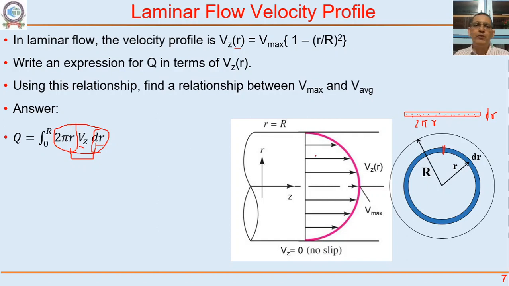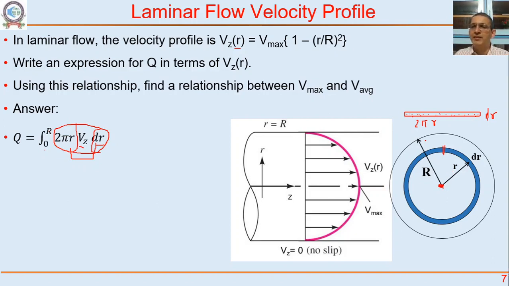And net flow rate going in the pipe would be just the addition of all such control volumes. So integrate from 0 to R. Remember, it is not minus R to R, because this is the center of the pipe. The radial coordinate r is going away from the center of the pipe.